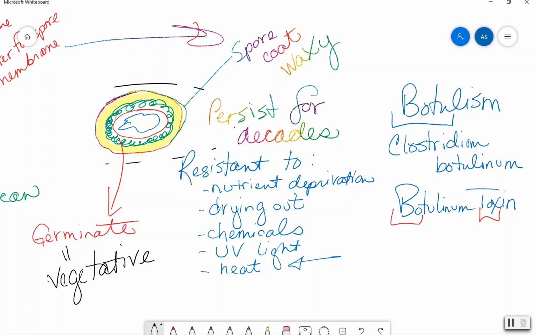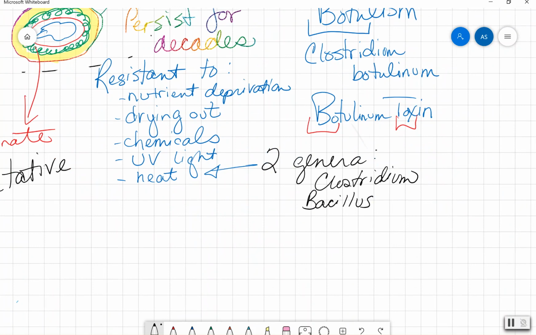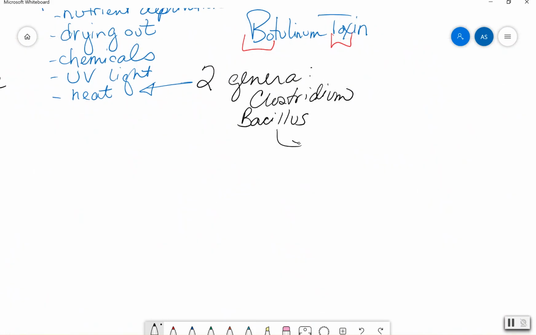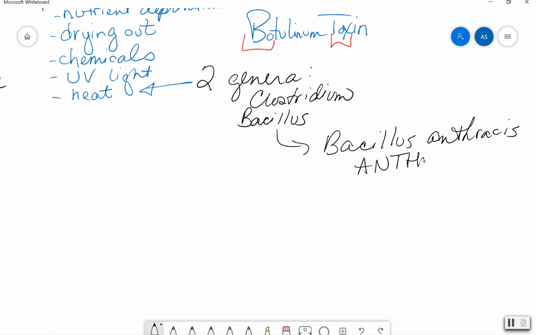Finally, the two most notable genera that form endospores: I already mentioned Clostridium, and the other one is the genus Bacillus. This one is notable because of the microbe Bacillus anthracis, which you may recognize as the bacterium that causes anthrax.